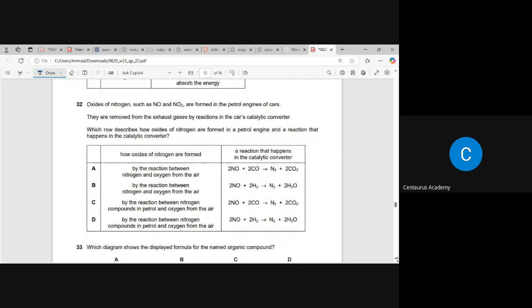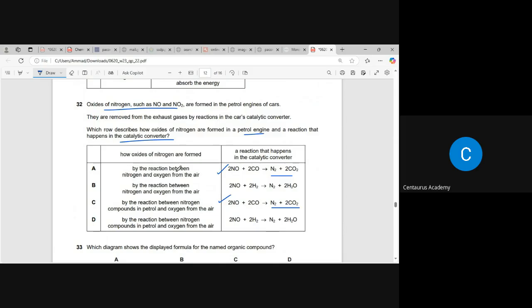Okay. The next question is, oxides of nitrogen, they are formed in the petrol engines of cars. They are removed from exhaust gases by reactions in the car catalytic converters. How are oxides of nitrogen formed in a petrol engine, and what reaction happens in the catalytic converter? If you recall, the reaction is basically nitrogen monoxide reacting with carbon monoxide to form carbon dioxide and nitrogen, which is relatively harmless.